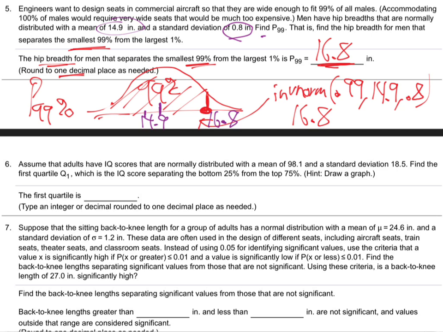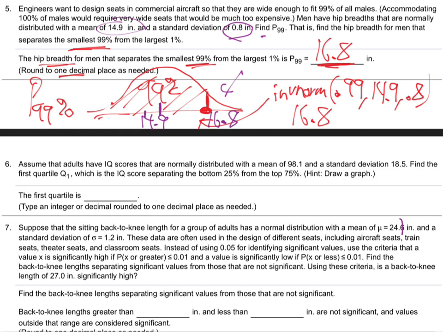So if they make the seats 16.8 inches wide, they know they're going to cover 99% of all men, and thus definitely all women. Make sense? We found the 99% mark. There's still going to be 1% of men that cannot fit in that seat, but that's pretty good.